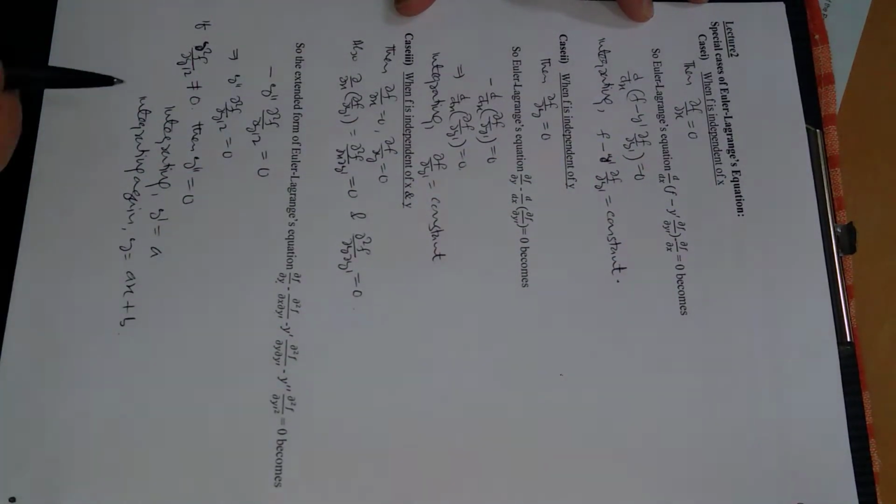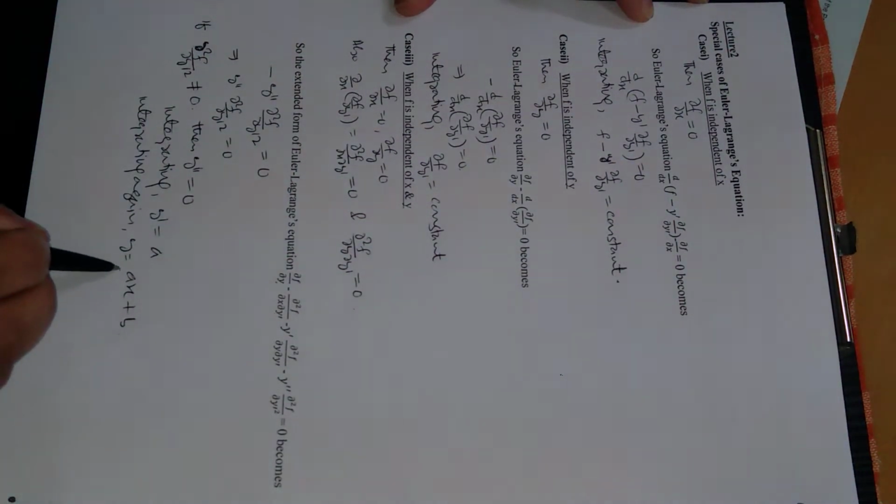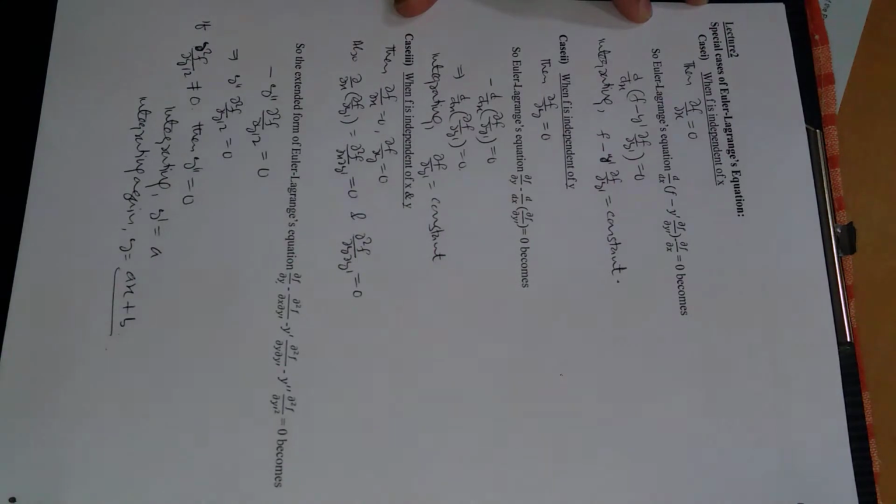So when f is independent of both x and y, we get y equal to ax plus b. These are the special cases of the Euler-Lagrange equation.